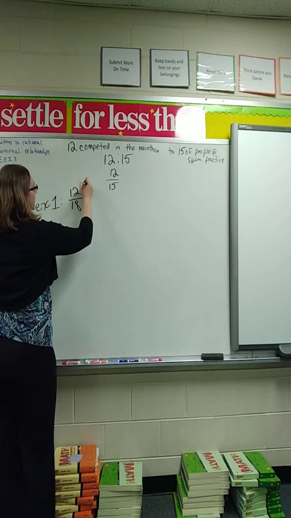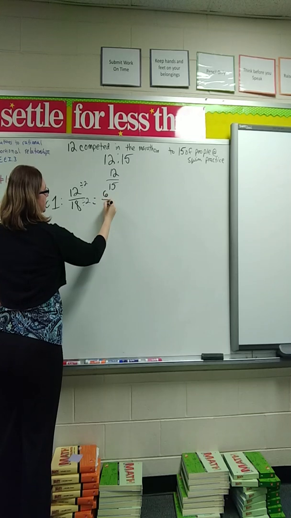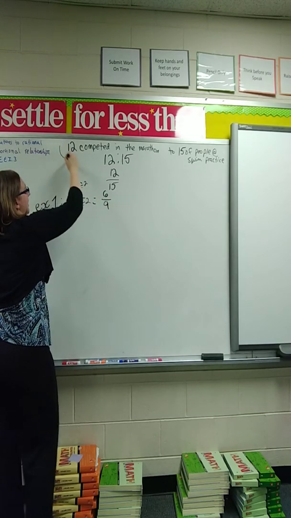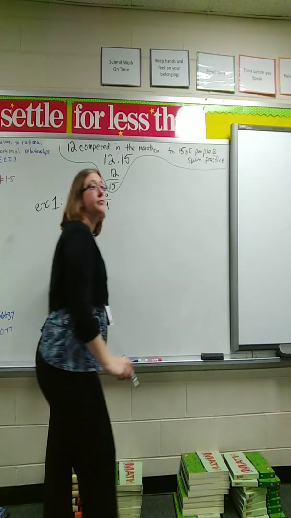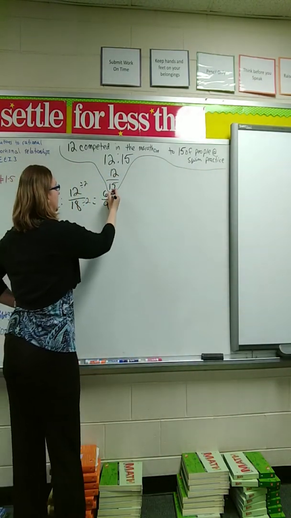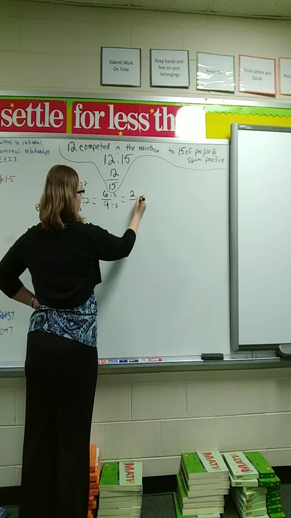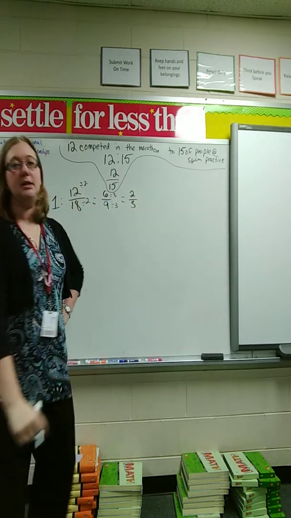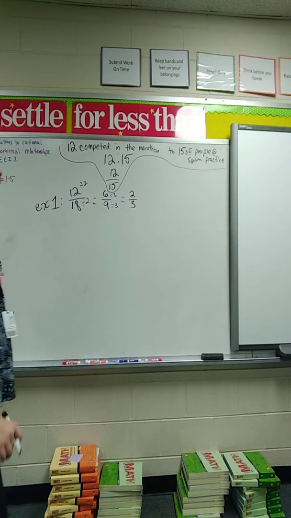That will give us 6/9. Can I further simplify 6/9? I can divide them both by 3. That would equal 2/3. Can I simplify 2/3? No, I cannot simplify 2/3.